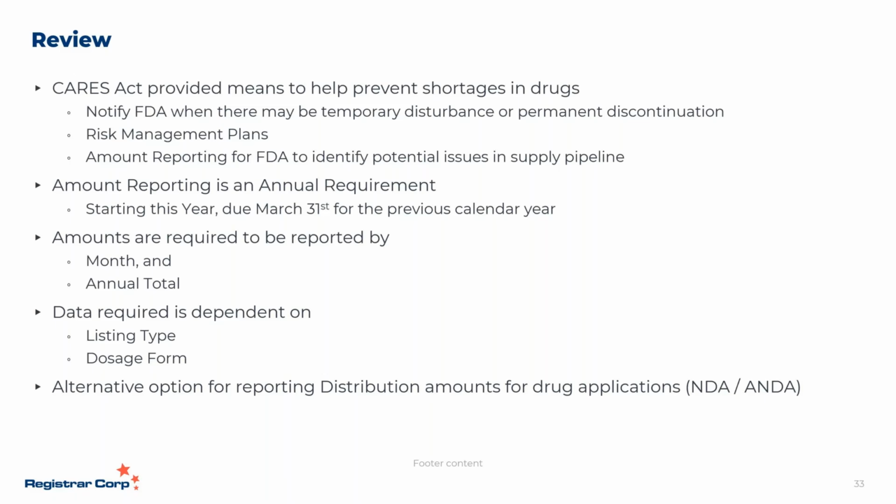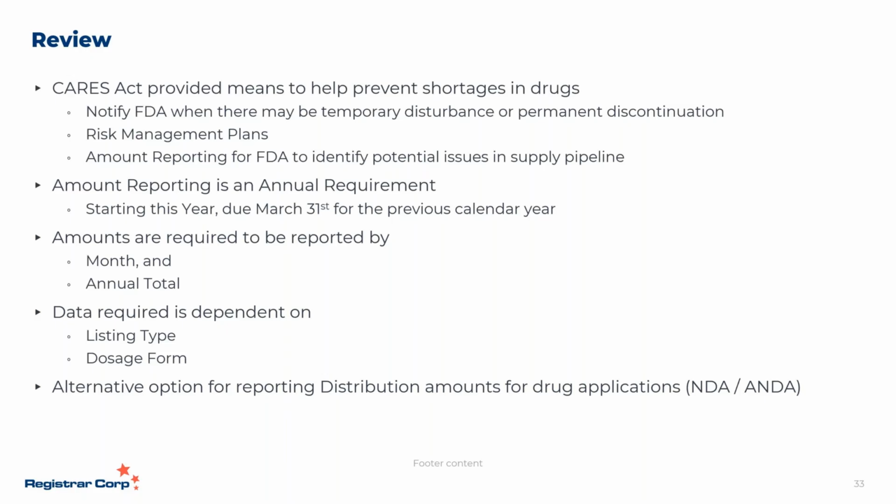A requirement that affects more of the drug industry is the amount reporting for all who are required to list drug products. This submission is required to be filed with the agency annually, recommended to be submitted by March 31st for the previous calendar year. Amounts are to be reported by each calendar month and then an annual total for each NDC number.